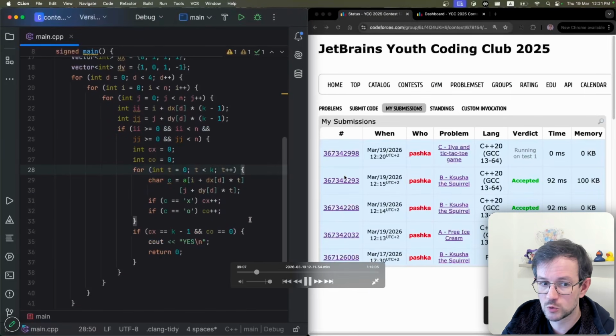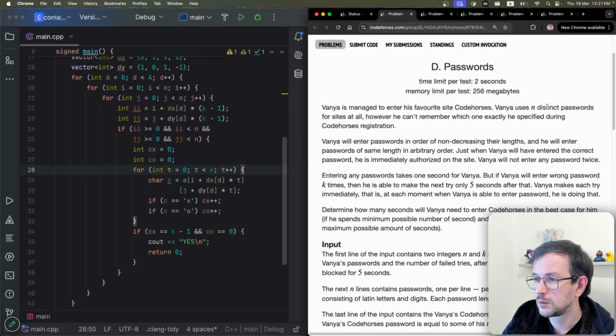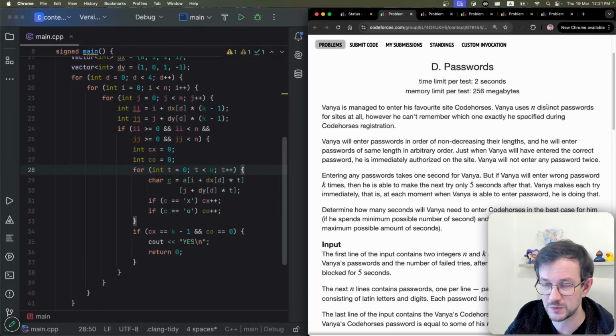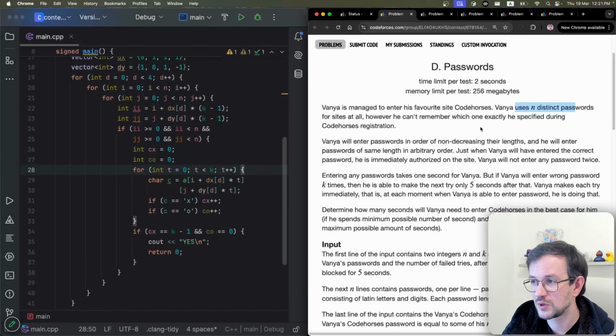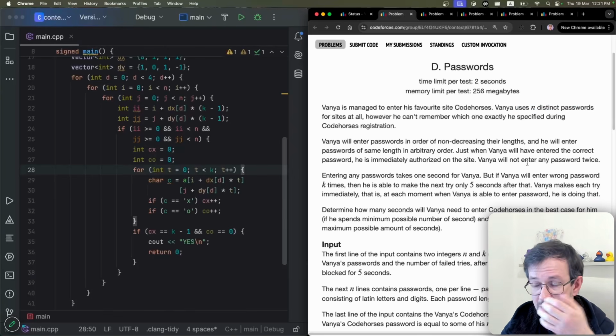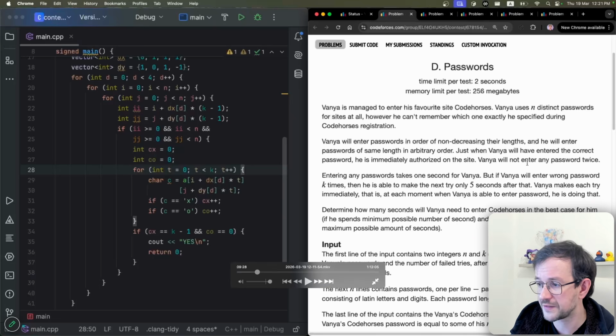So let's go to problem D. Again, pretty much everything is written in the problem statement. What's happening in problem D? You have some passwords, basically strings, at most 100 characters. Very nice problem statement here.